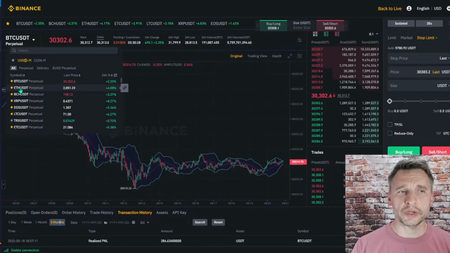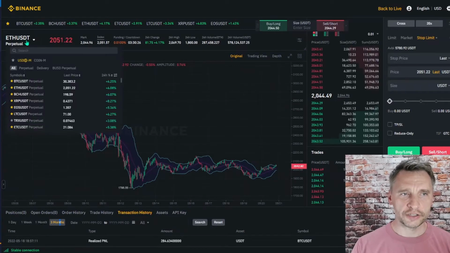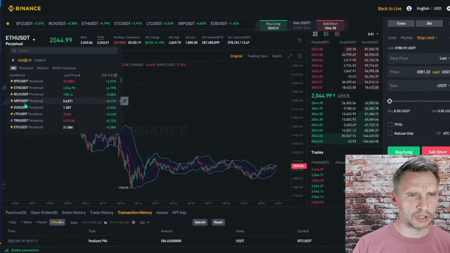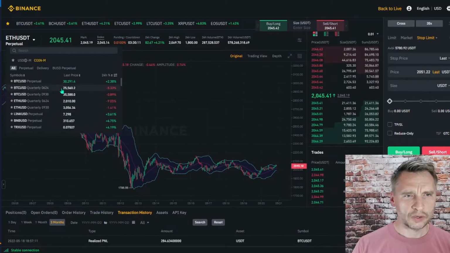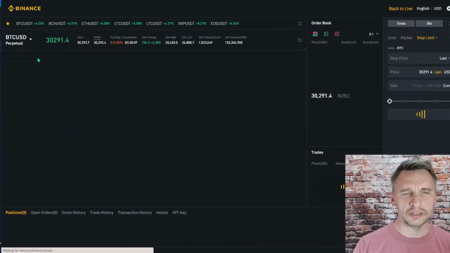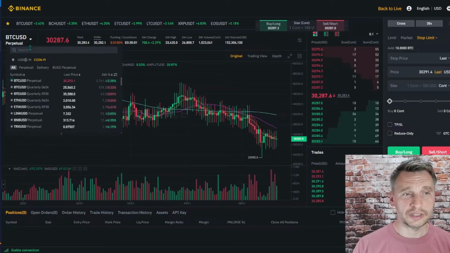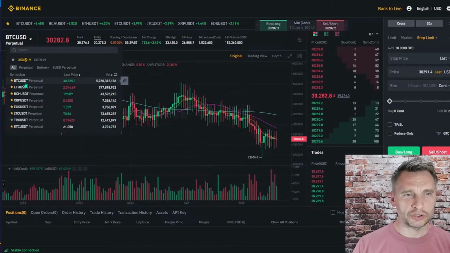But if you wanted to trade other pairs, there's ETH USDT, Bitcoin Cash, XRP, and you can also trade Coin M, which has slightly different price ranges because it's Bitcoin to US dollars rather than Bitcoin to USDT. So let's stick to Bitcoin USDT.